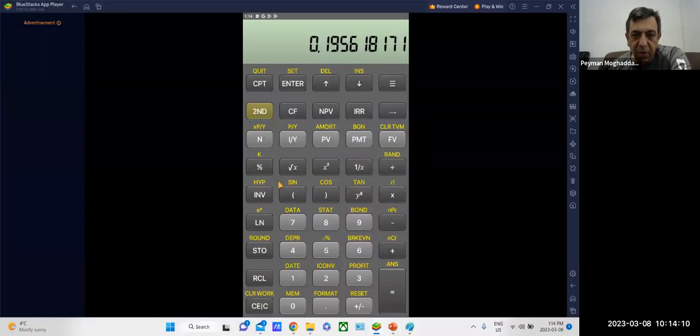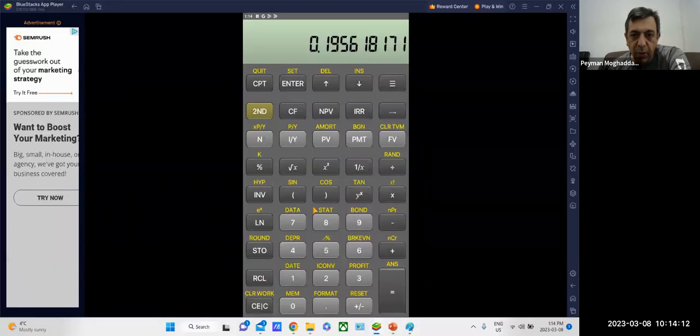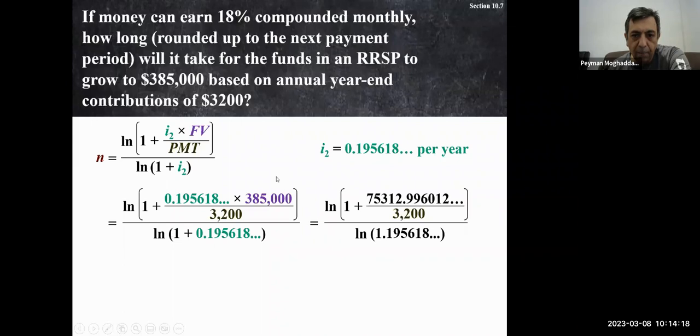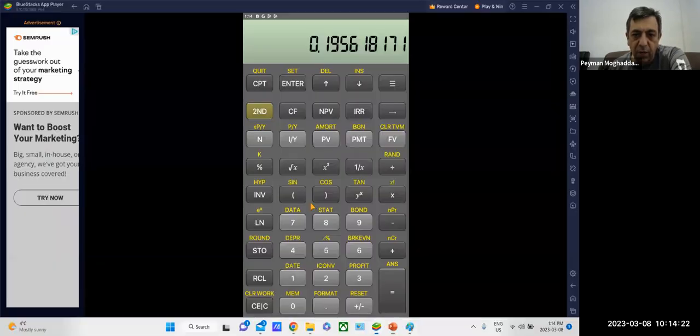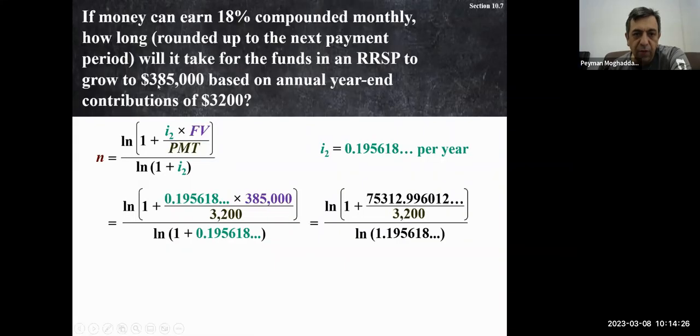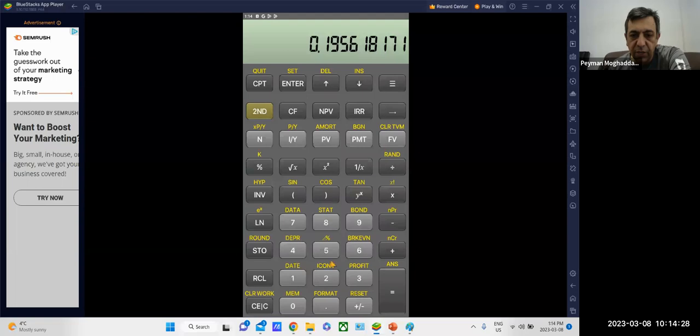So recall number 1, this is I2, right? We already have I2 stored in number 1 actually. So this is I2, and now I2 multiplied by FV, which is 385,000 equal to.